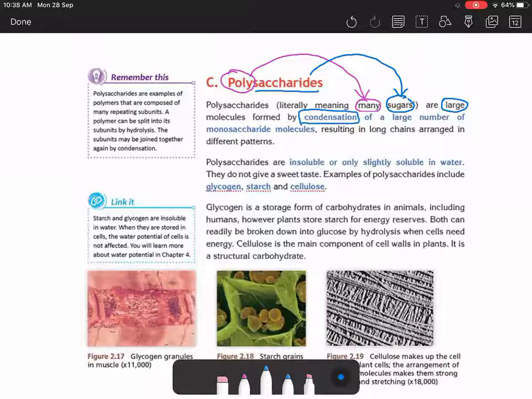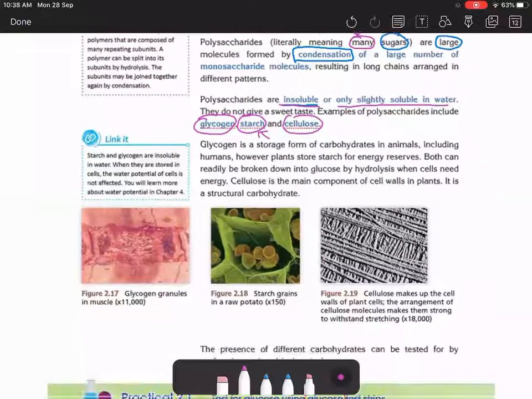And polysaccharides are insoluble in water, or only slightly soluble. Again, there are 3 examples: glycogen, starch, and cellulose. We can test for one of them. You should have done it in your Form 2, testing for starch. Anyway, I'll show you the pictures. Glycogen is here. Actually, you can see nothing from the pictures.